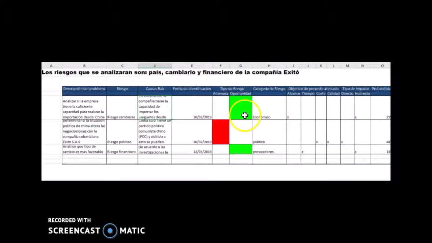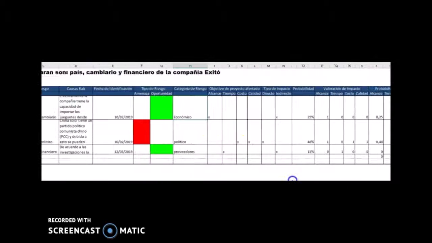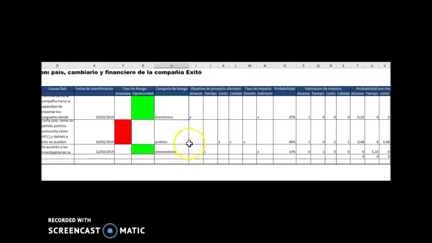So we take this as an opportunity. The category of this risk is economic. We identify that it will affect basically the scope indirectly, and the probability that we identified for this risk is about 25%.